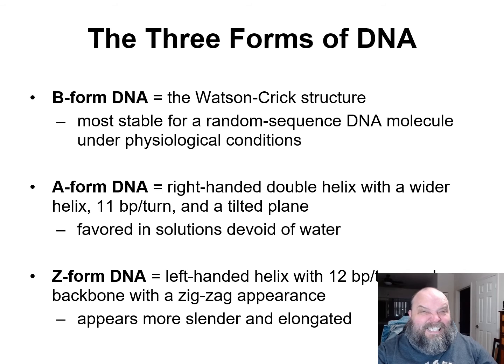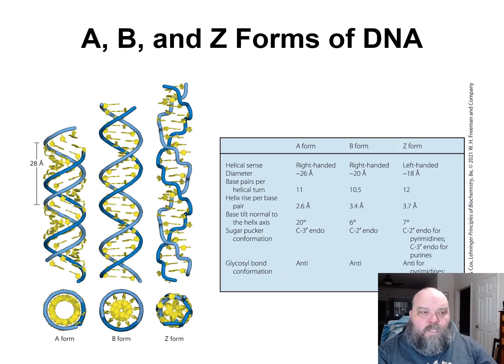Z? Yeah. Those major and minor grooves that you see with the A and the B forms, they're still there, but not quite as smooth. So you look here, A form, B form. B form, Watson and Crick, okay, major minor groove, 20 angstroms across.